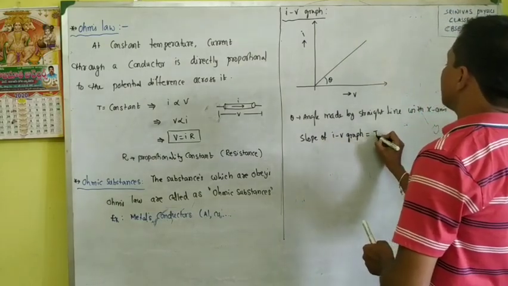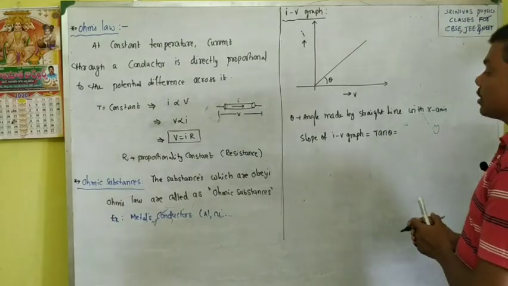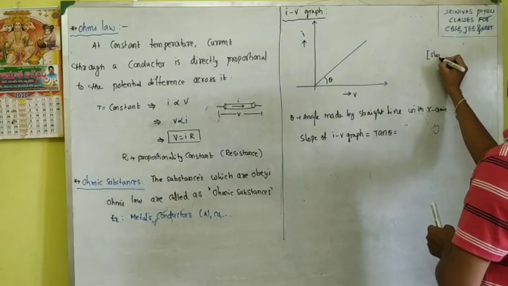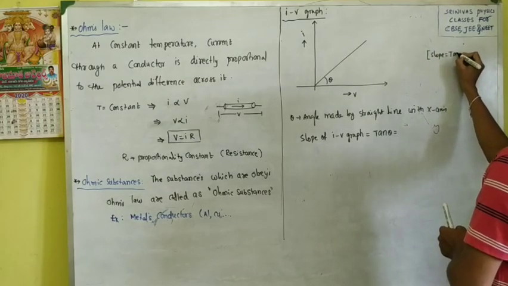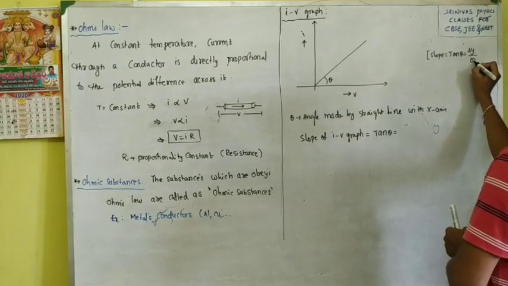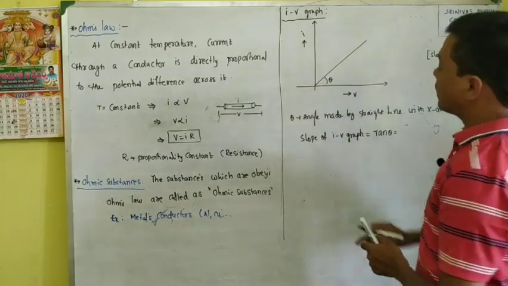Slope is tan theta, you know already. Or one more formula is there: difference in y coordinate by difference in x coordinate. In mathematics we know the slope formula, right? The slope formula is one, tan theta, and the other one is difference in y coordinate by difference in x coordinate. Okay, y2 minus y1 by x2 minus x1.